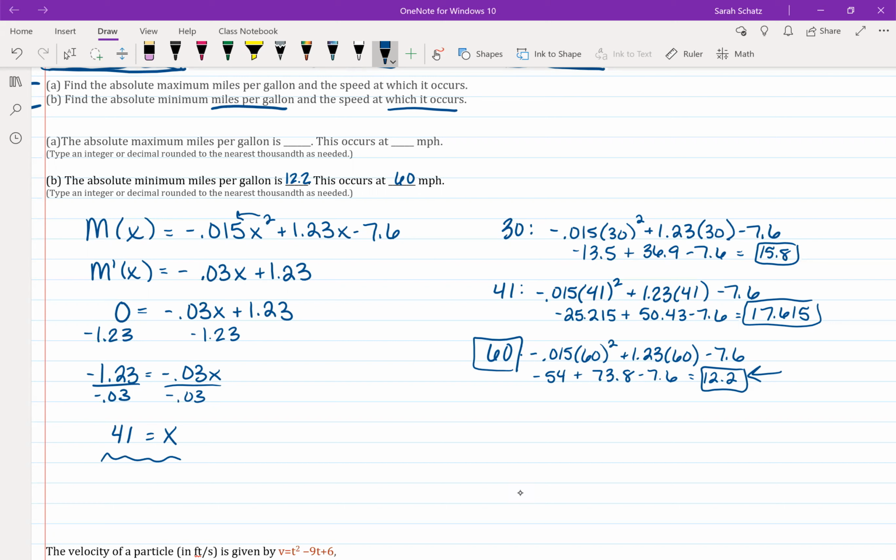The absolute max y value here is 17.615. And this occurs at the x value of 41. So we found our minimum happened at 60 and your maximum happens at 41. And then the 30 is just somewhere in the middle.